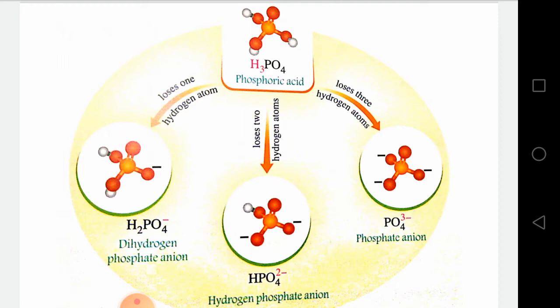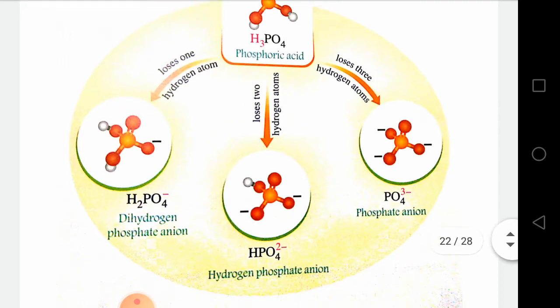Each type is the result of the replacement of one more hydrogen ion in this acid. For example, dihydrogen phosphate salts, hydrogen phosphate salts, and finally phosphate salts, in which we replace the three hydrogen ions of the acid.